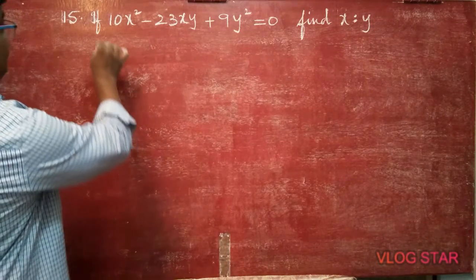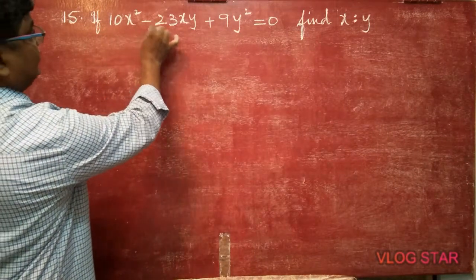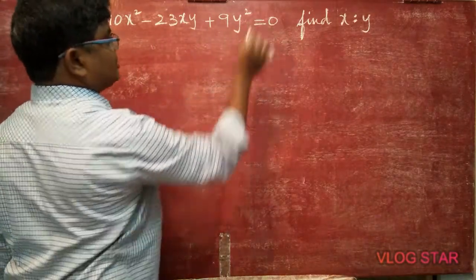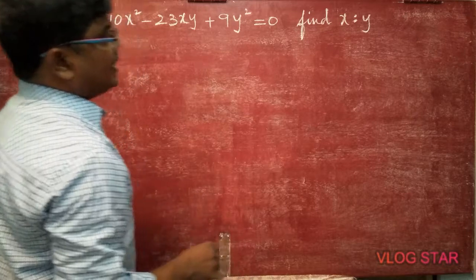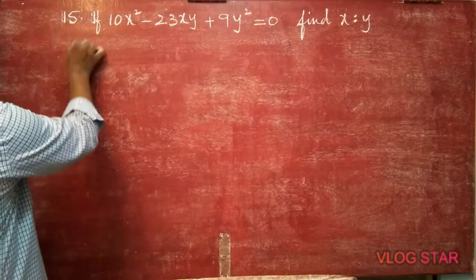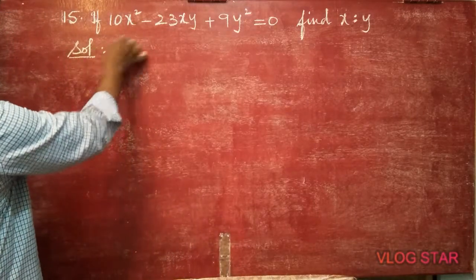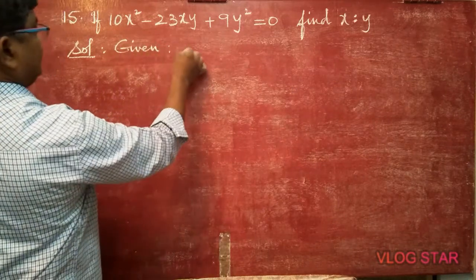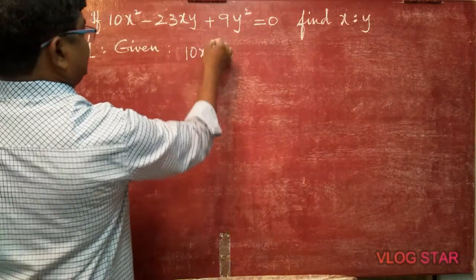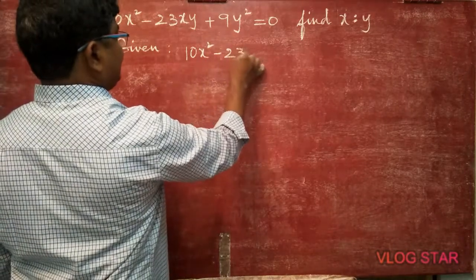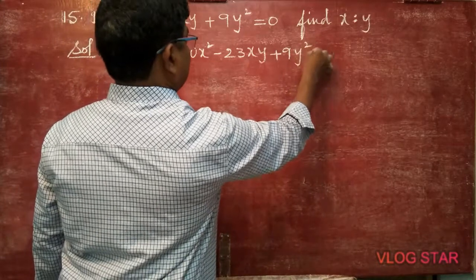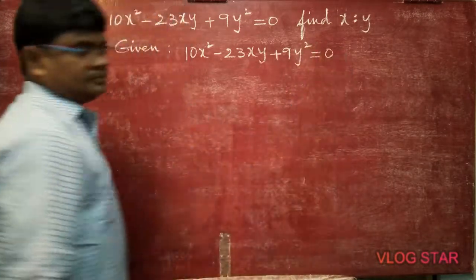Fifteenth problem. If 10x² minus 23xy plus 9y² is equal to 0, find x is to y. So solution, given: 10x² minus 23xy plus 9y² is equal to 0.